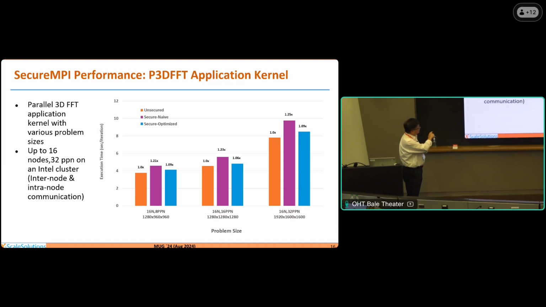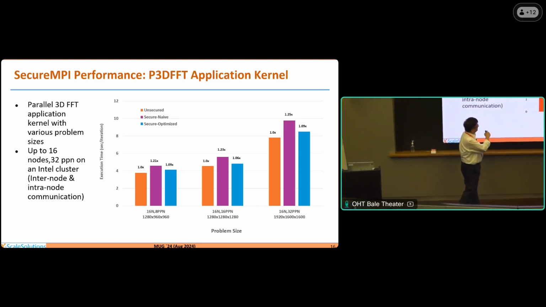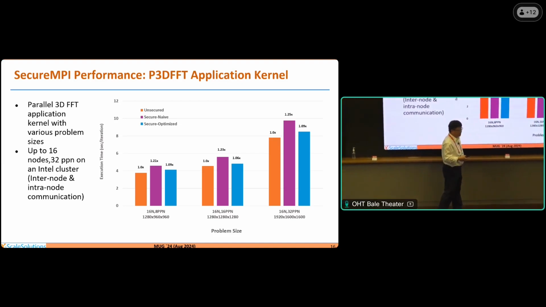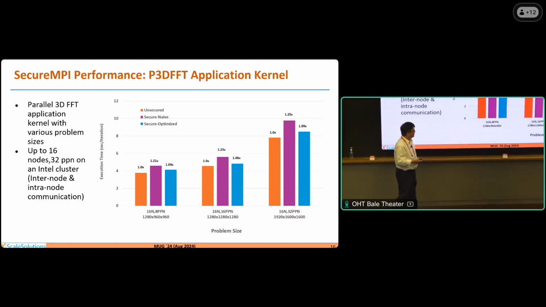So for the particular problem sizes, this benefit changes somewhat because the characteristics of your communication as well as your computation change based on your input problem sizes as well as your computation grid.